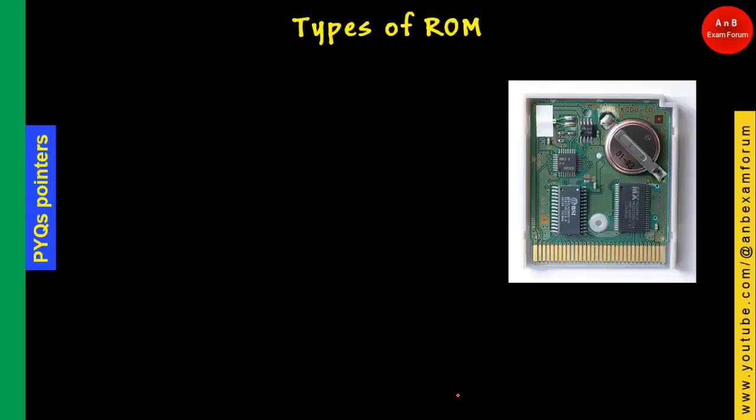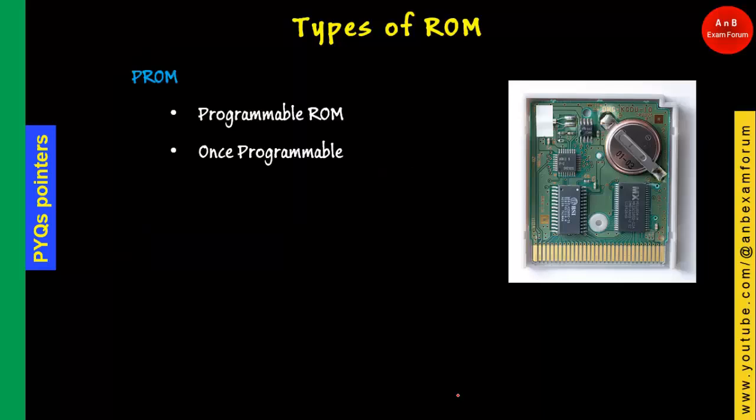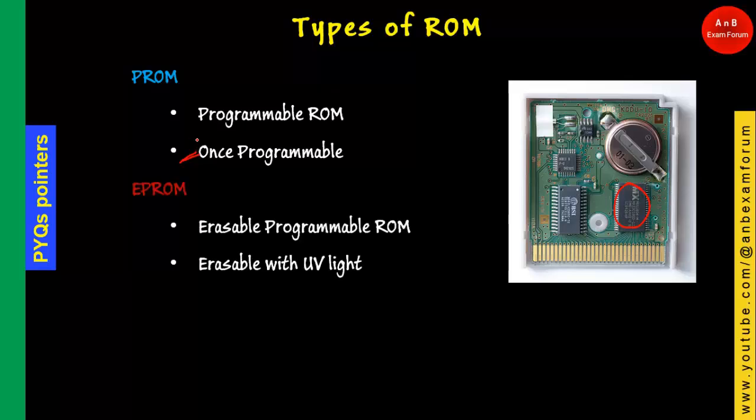Let's see, the next is ROM. As you can see in the figure, this chip is basically a ROM, that is read-only memory, and as the word suggests, PROM means programmable ROM. Once it is programmed, it cannot be written again. Whereas EPROM, that is erasable programmable ROM, can be programmed, but it can be erased with the help of UV light.